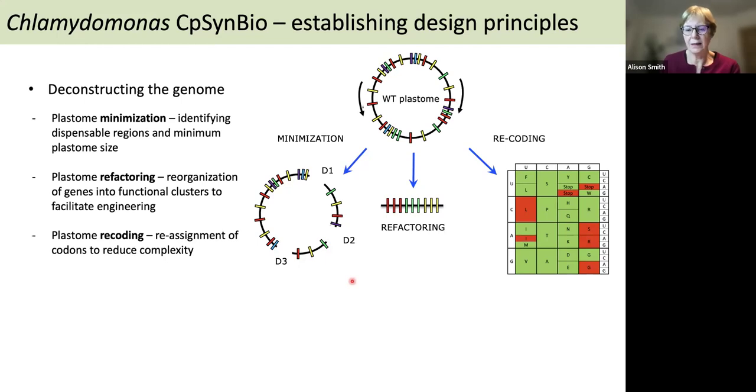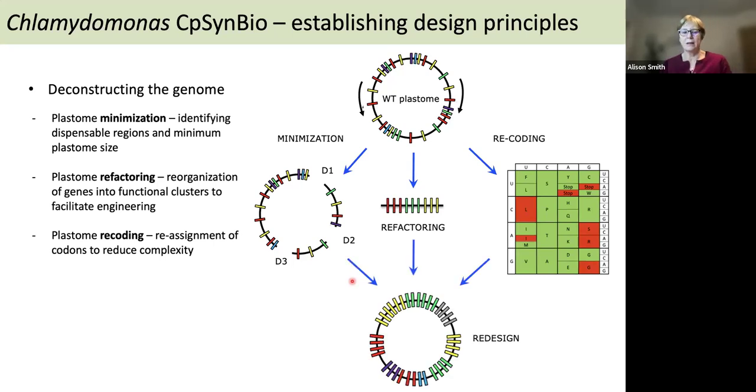This will facilitate engineering, but also show if there are any sequences that we can't identify which are important for normal function. And recoding, that is reassignment of the genetic code to reduce complexity. Using the results from these three approaches has enabled us to consider how we might go about redesigning the plastome completely.